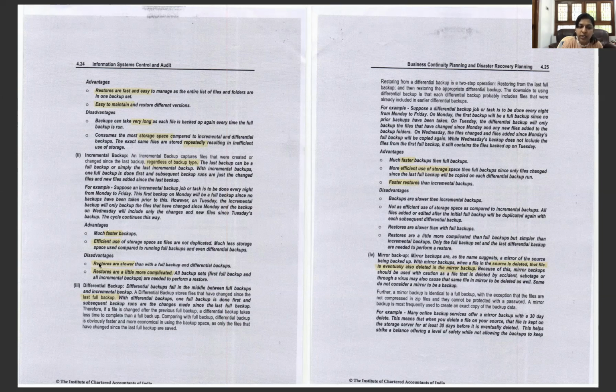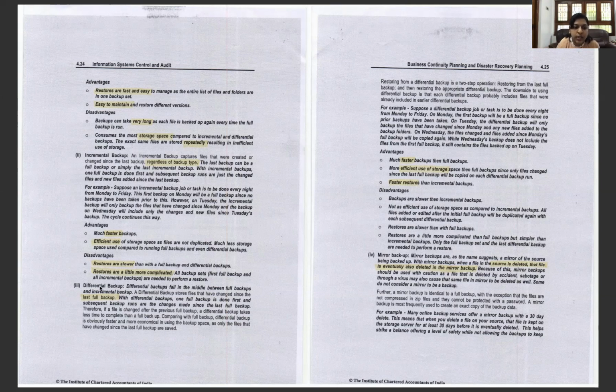And the disadvantages are that restores are slower than with the full backup and differential backup, and the restores are a little more complicated because it is a backup which happens regardless of the last type of backup. The order in which it is going to be restored is going to be a little bit complicated.